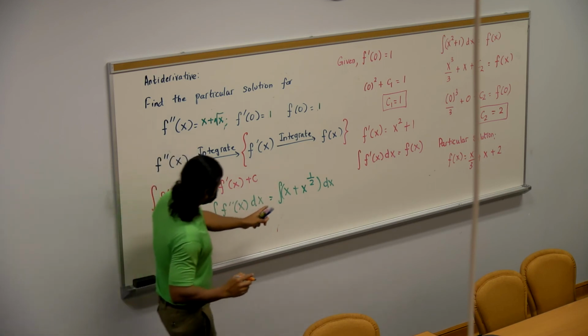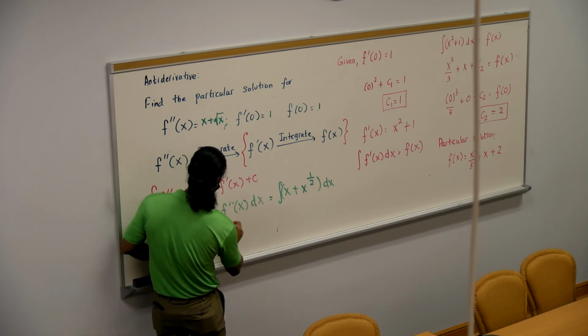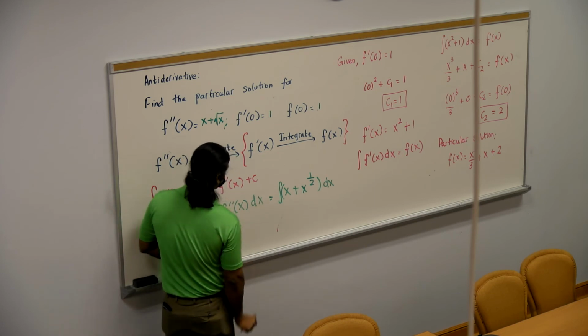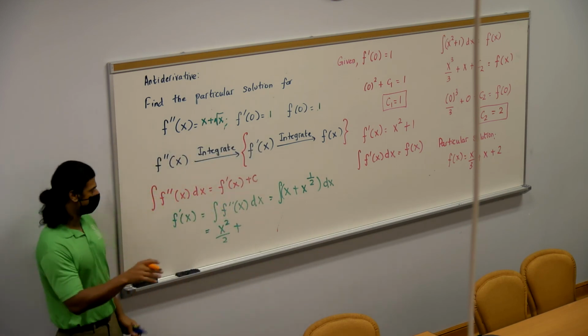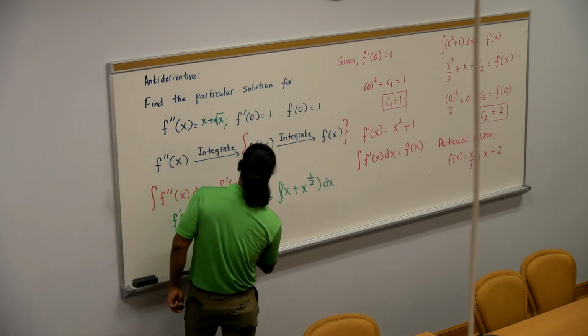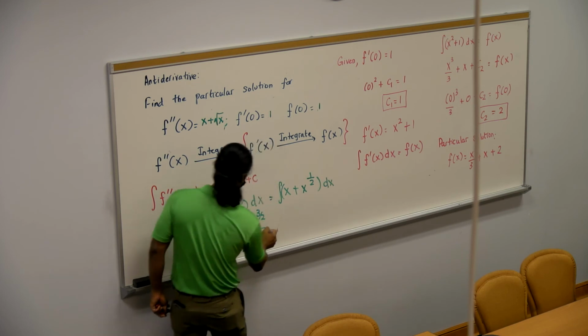Now the power there is 1, so we've got x squared over 2 plus x raised to 1/2, and you just have to do 1/2 plus 1. 1/2 plus 1 is 3 over 2, divided by 3 over 2.